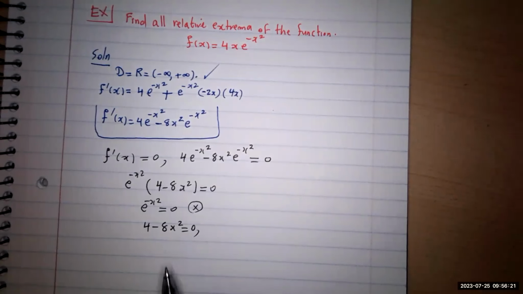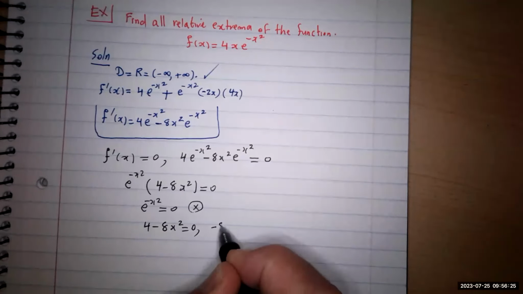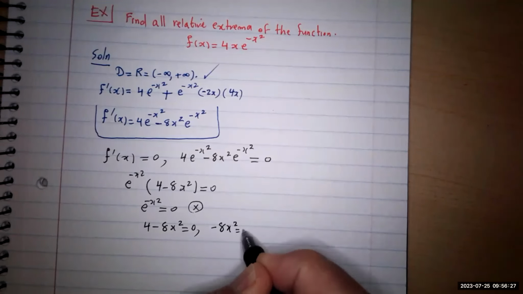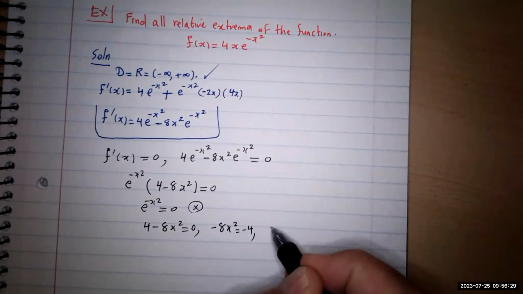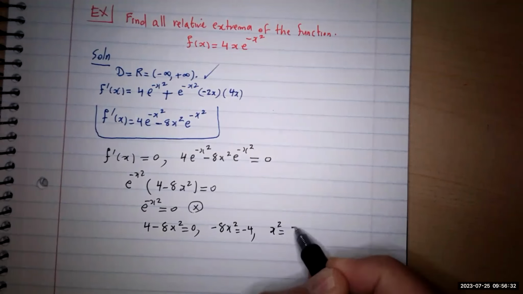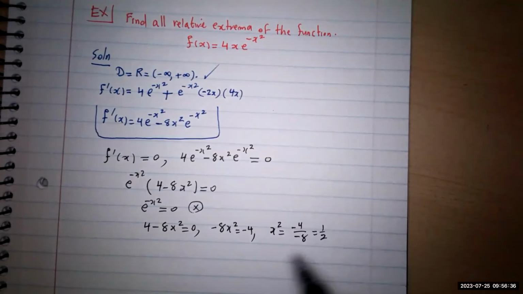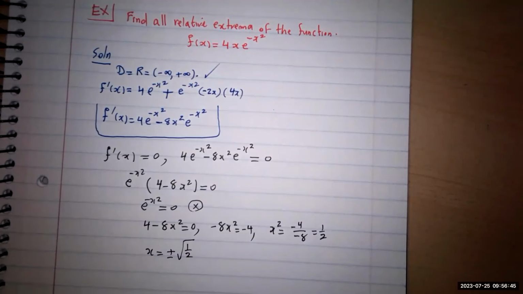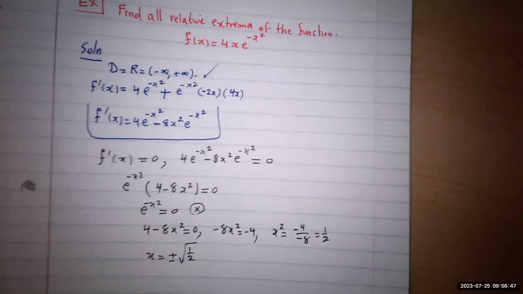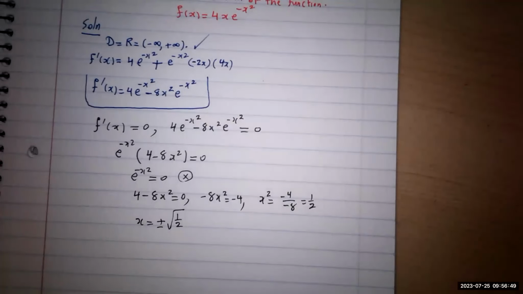That's easy. Two terms, you can do the factoring or just move 4 to the other side. So your x squared would be negative 4 over negative 8, which is 1/2. You can take the square root, so x would be plus or minus radical 1/2. You can use your calculator if you like, and if you don't, you have to simplify it.